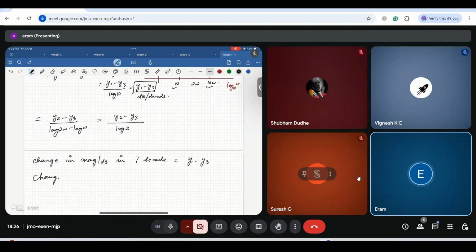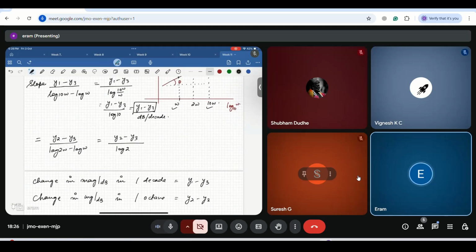And what is the change in magnitude in dB in one octave? It is y2 minus y3. And how is y2 minus y3 related to y1 minus y3? These two are equal because slopes are equal. So this must be equal to this, right? That means y2 minus y3 equals log 2 times y1 minus y3 we can write.